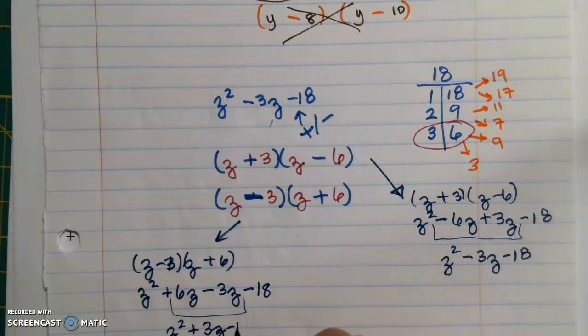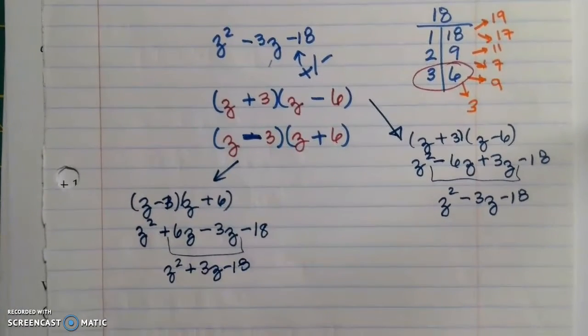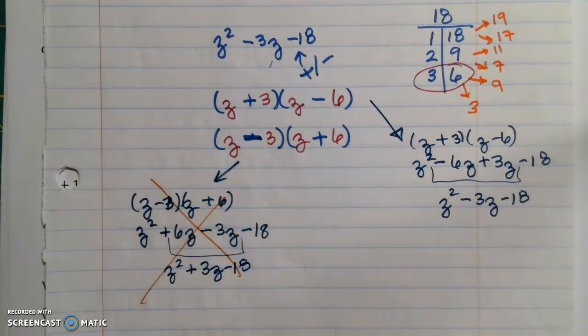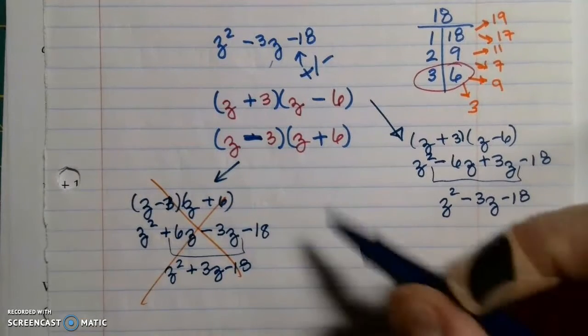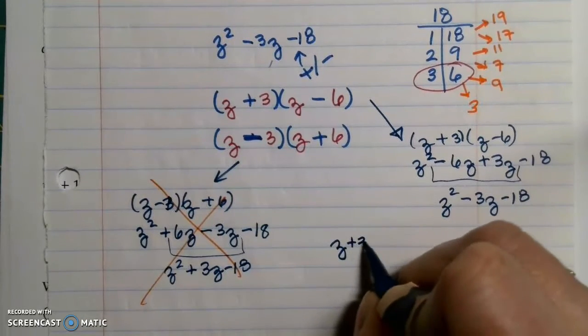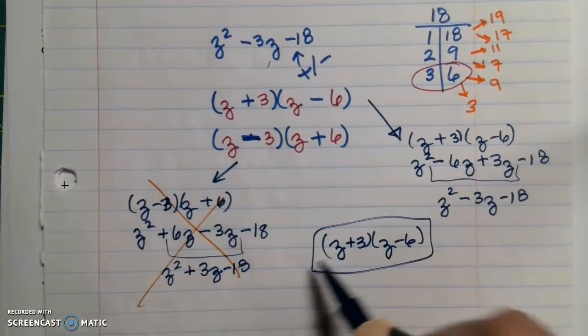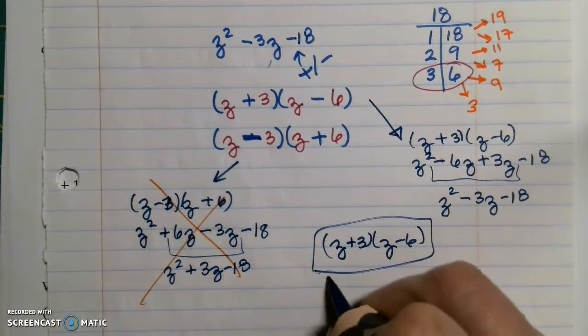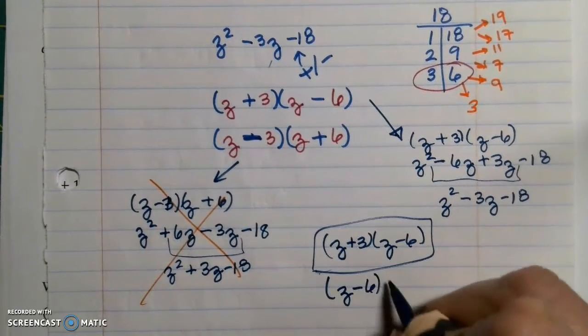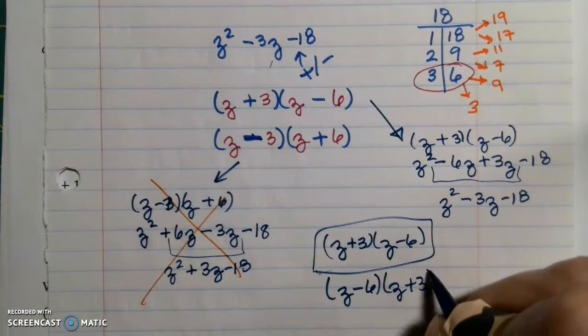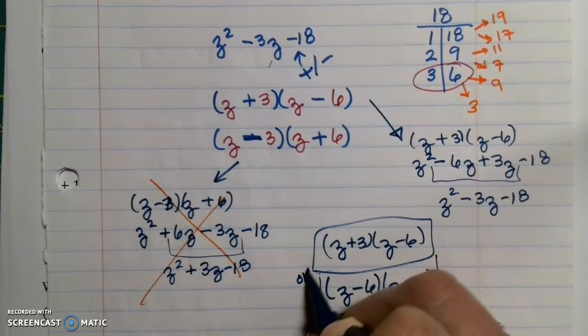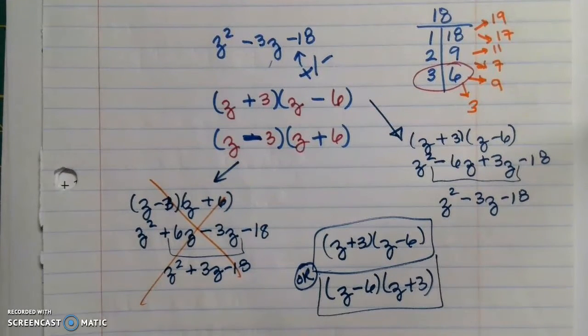So we would still get 3, but it's going to be positive, so this is not the one that we want. So our final answer then would be z plus 3, z minus 6, and remember that you could flip-flop these, so you might see it as z minus 6 and z plus 3. Either of these are fine. They are exactly the same.